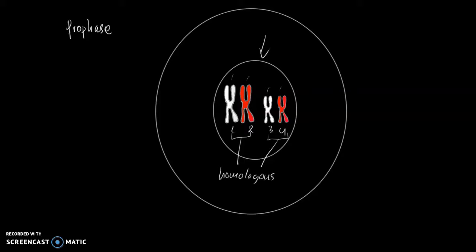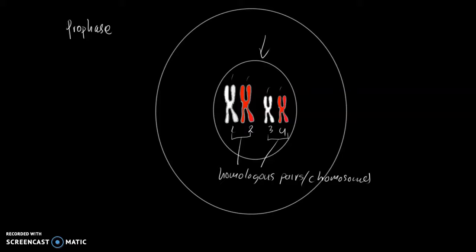Homologous pairs or homologous chromosomes. They are homologous because one is from mom.